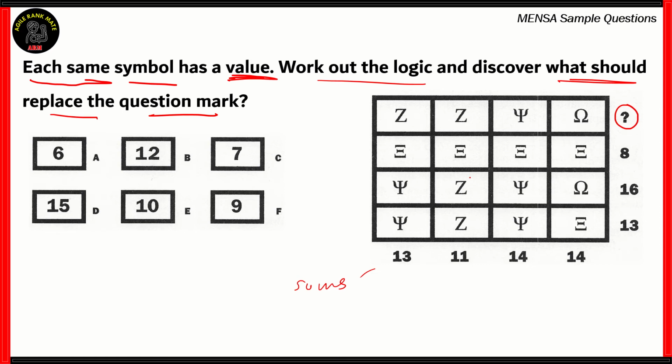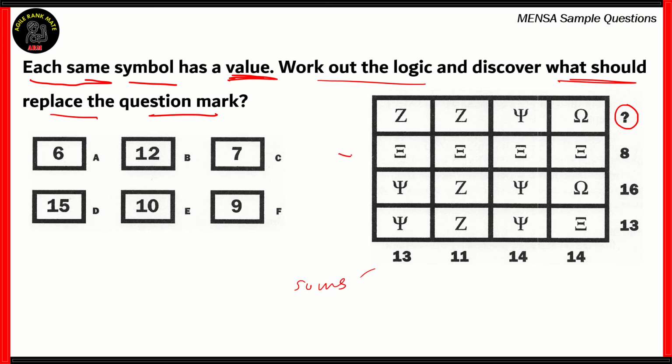Similarly, you've got Z plus Z plus Z plus the 3 lines, giving you 11. So in order to find out our question mark, we need to find out the values of at least 3 of the 4 symbols. So how do we start off?